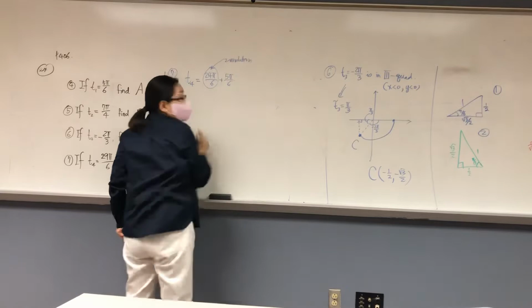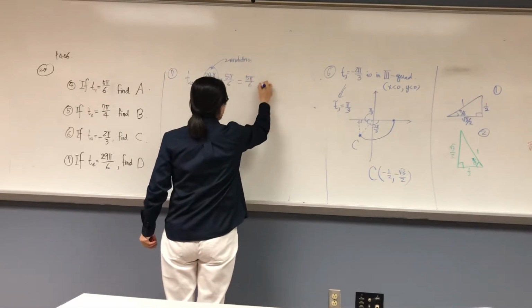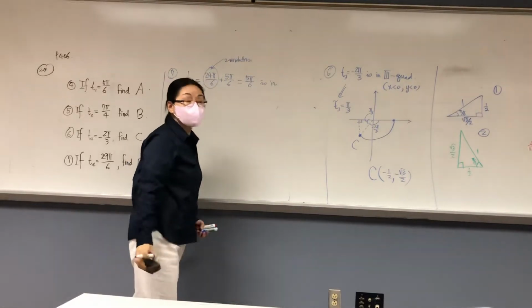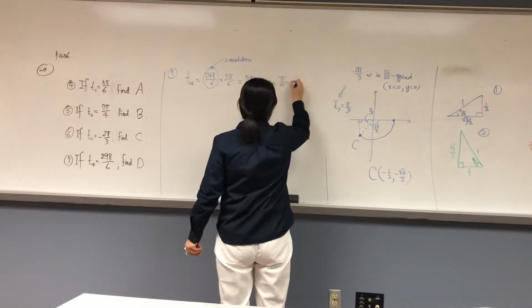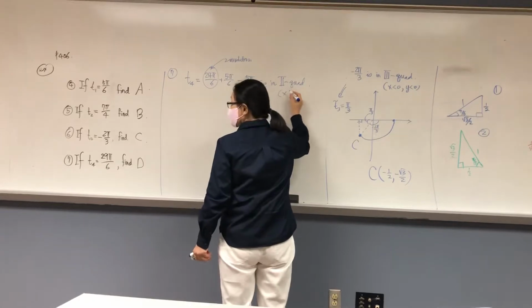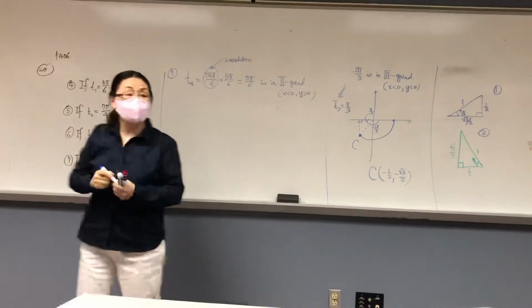So forget about this. So this is equal to 1. And then which quadrant? Second quadrant, right. In the second quadrant, your x is negative, your y is positive. Good.